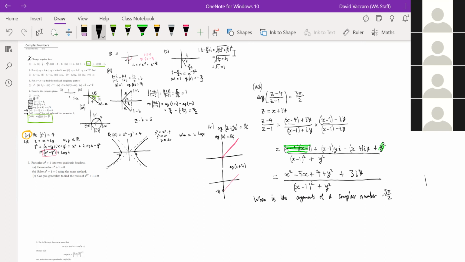So where is that on the Argand diagram? Does anyone want to put into the chat a nice, clear mathematical English description of what is meant by a complex number with argument 3 pi over 2?